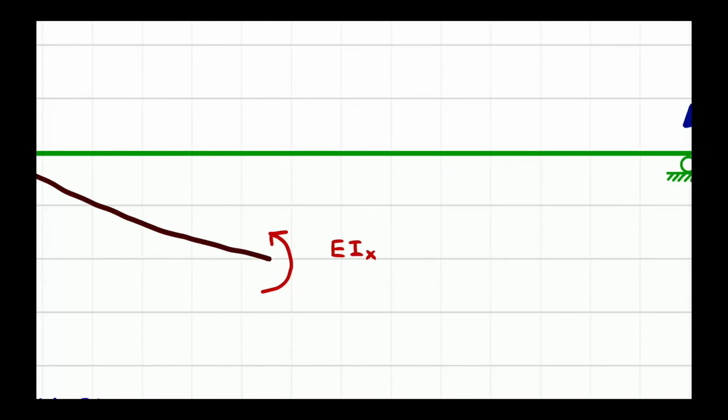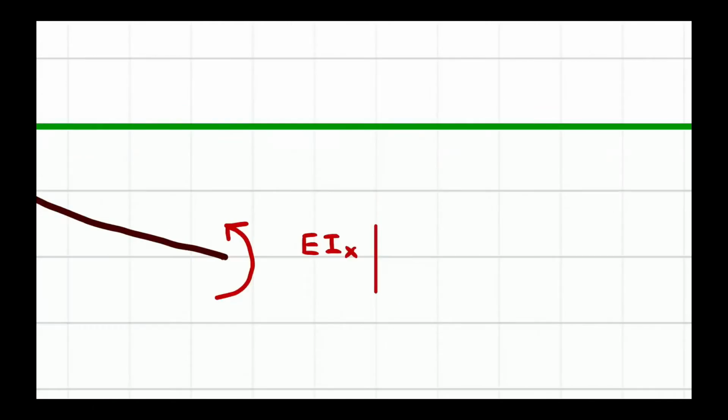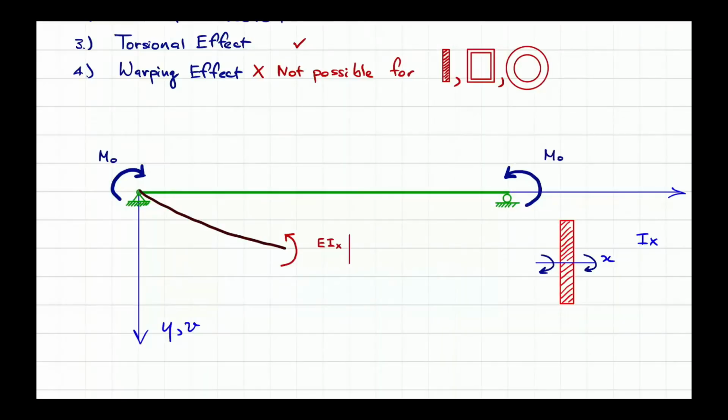This is multiplied by, well, if you want the moment, you will get the EI multiplied by the curvature. Now, how do we get the curvature, and what curvature is relevant to our calculation of vertical deflection? So look at this.